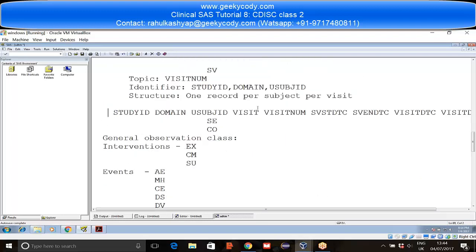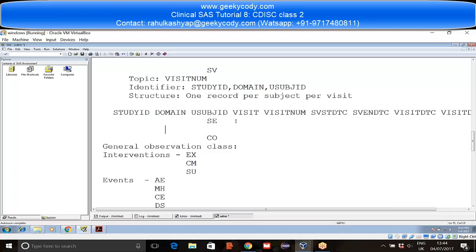Clear? Next one is subject element. As I told you, these are the common variables: study ID, domain, USUBJID. And here, element. What is element? Screening, treatment, follow-up, based on their study.